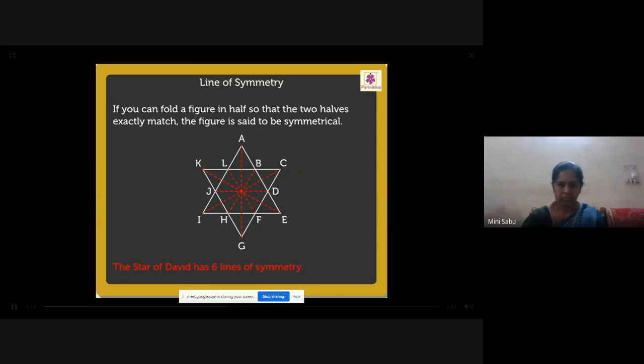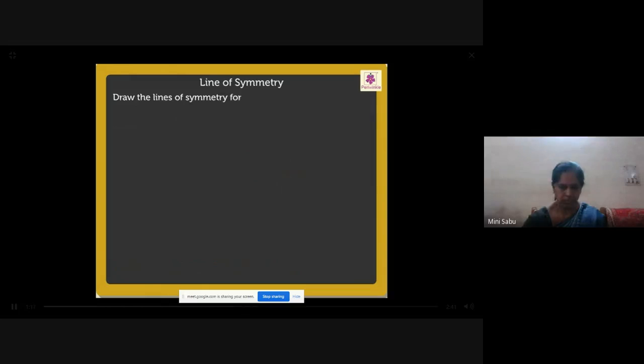Now, let's draw the lines of symmetry for the given figures. Figure 1. A rectangle. Here, we can divide the figure into 2 equal halves by folding it vertically or horizontally. Thus, we say a rectangle has 2 lines of symmetry. Figure 2. An apple.